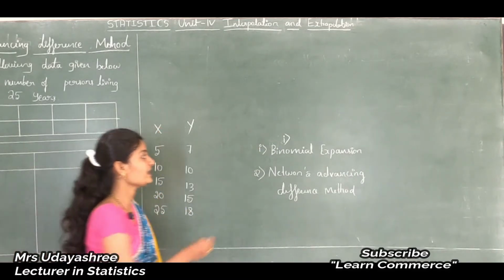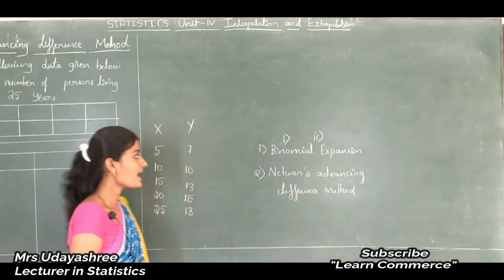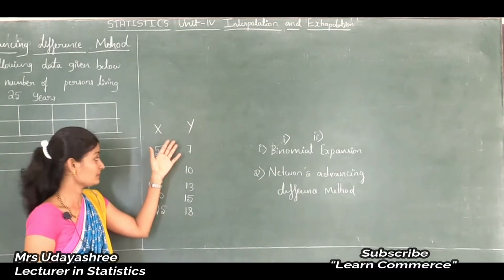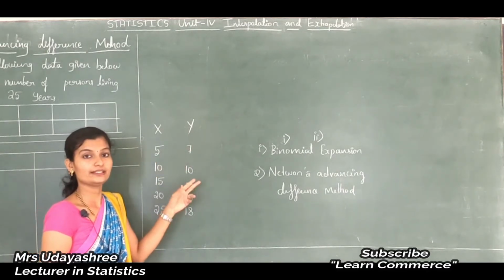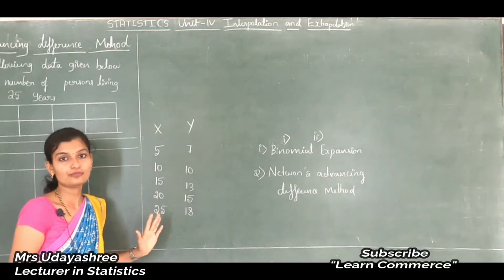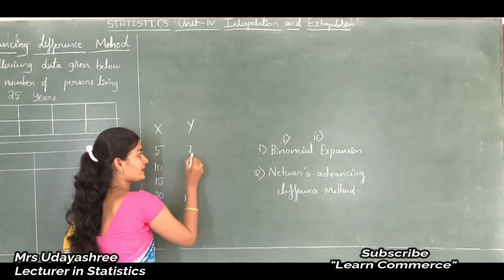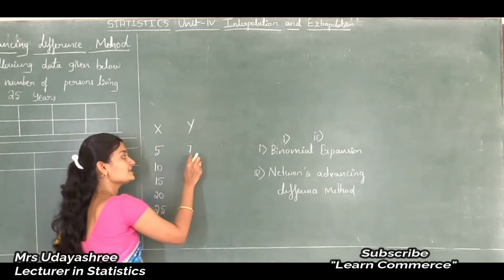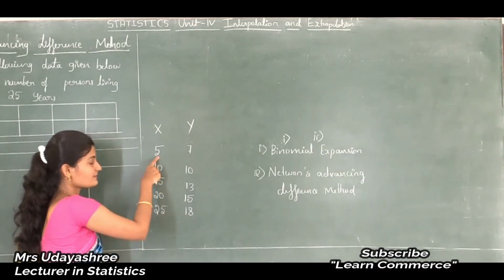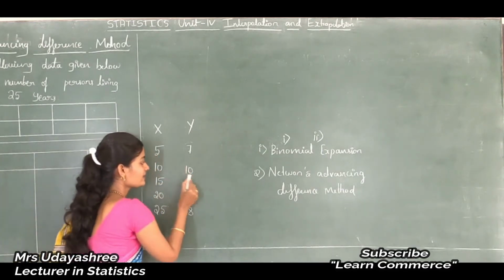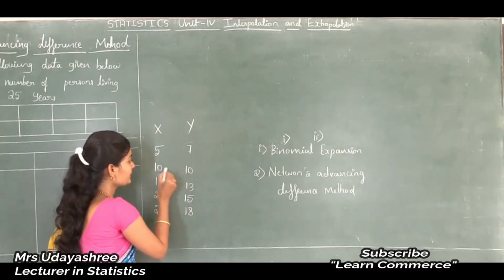The second condition in the binomial expansion method is that the value of x for which the value of y is to be interpolated must be one of the given values of x.